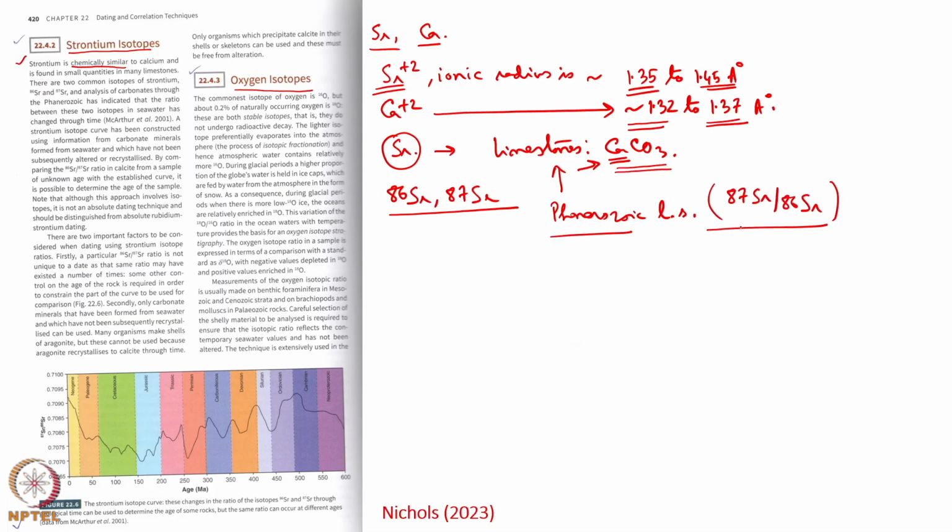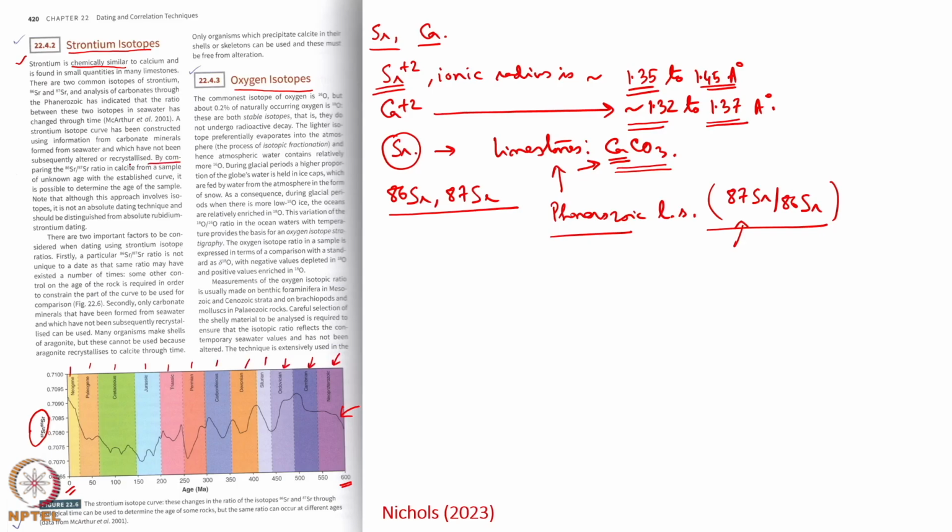So, what we find in terms of this ratio is how the sea water's isotopic concentration changed with time. From 600 million years back to 0 million years, the 87Sr/86Sr ratio has been plotted. The different geological times are represented here.